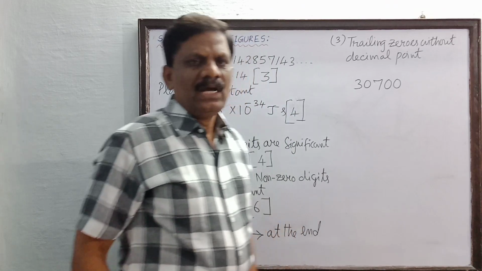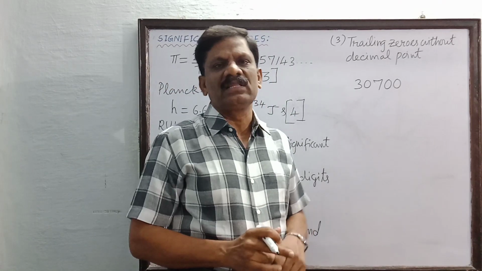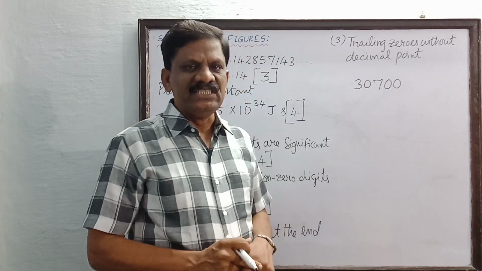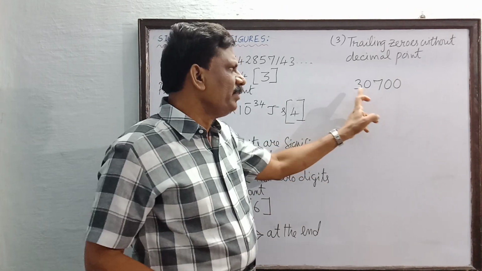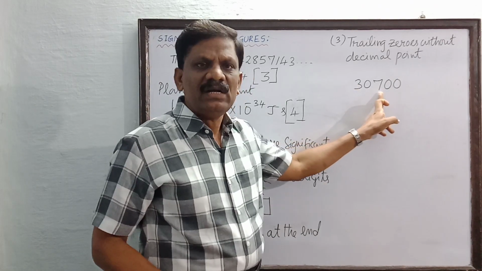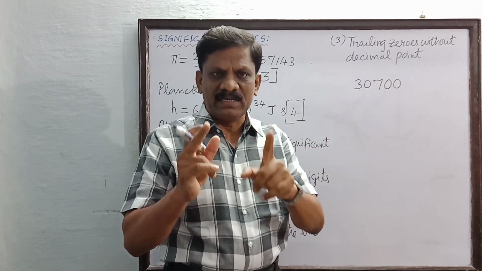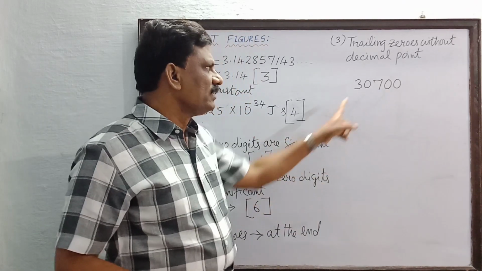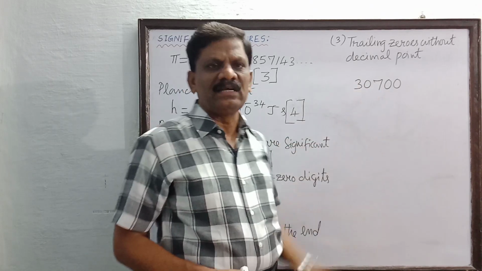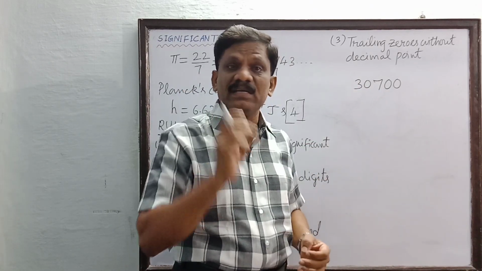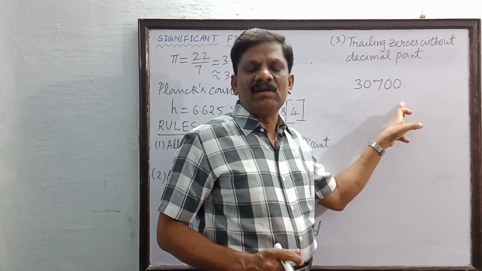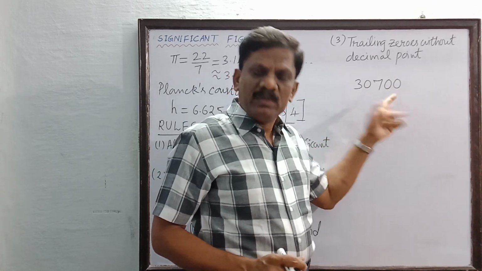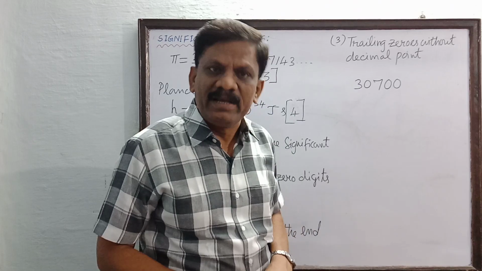So totally how many digits are there for this number? There are 5 digits. And now the first 0 is appearing between a non-zero digit 3 and another non-zero digit 7. So according to the previous rules, this 0 appearing between 3 and 7 cannot be removed. It is having significance. But the question is whether the last 2 zeros, called the trailing zeros, have any decimal point at the end or anywhere?